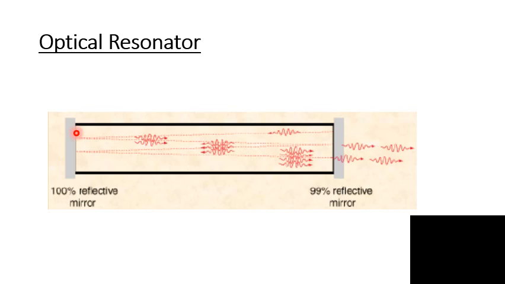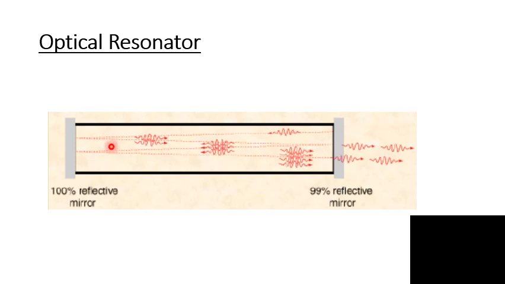Then two photons will come out, and because this is a 100% reflective mirror, they will completely reflect from this mirror and return back. When these two return back, they will again pass through the lasing medium or active medium. So these two will emit four photons, and of these four photons, maybe two of them emit out, but most of them return back.